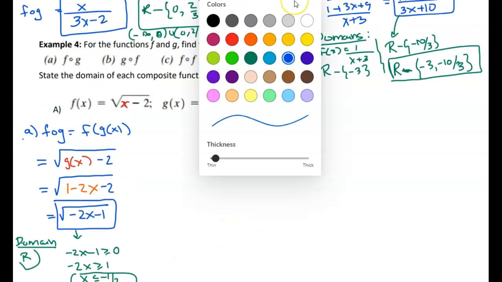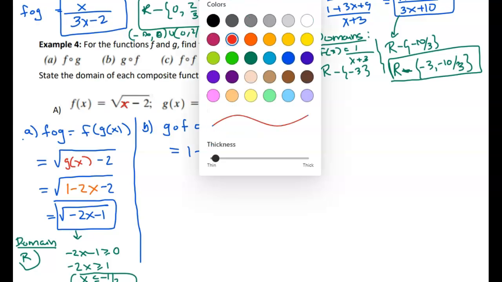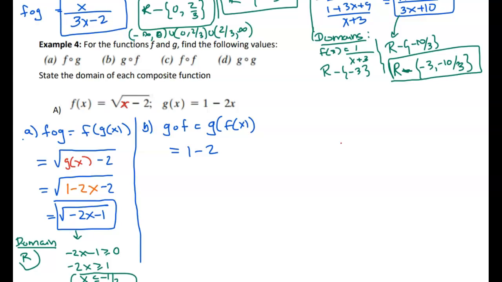And let's look at part B. G of f. So we're plugging f into the g function. So we have 1 minus 2 times x, so the x gets replaced by f of x. And that's it. We can't really simplify it.